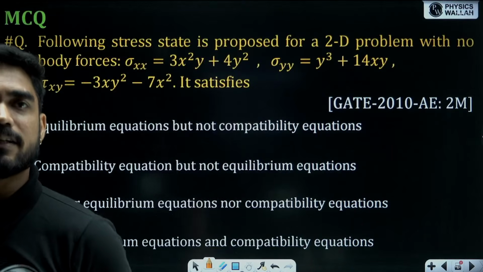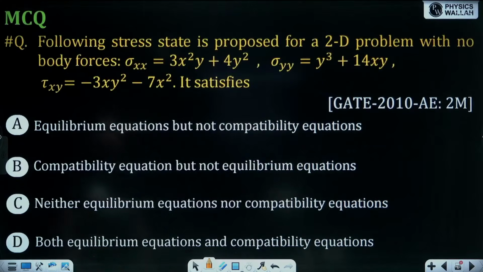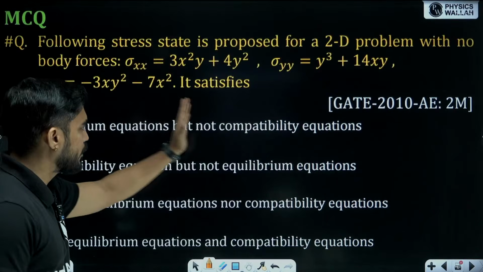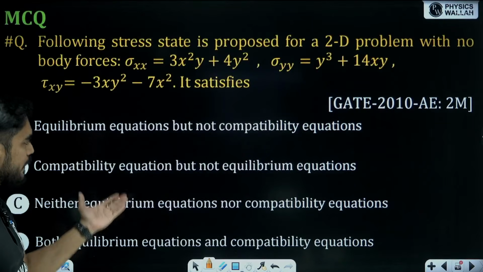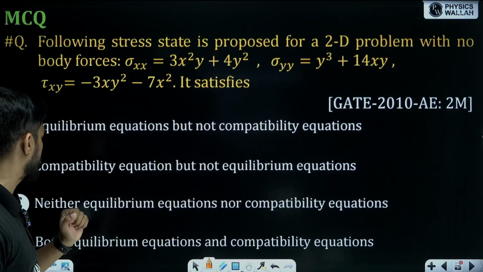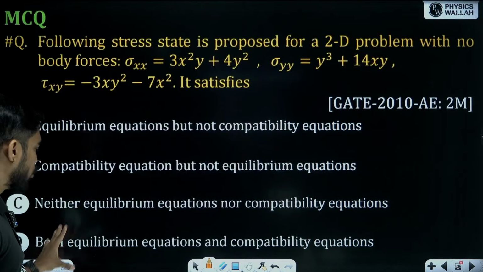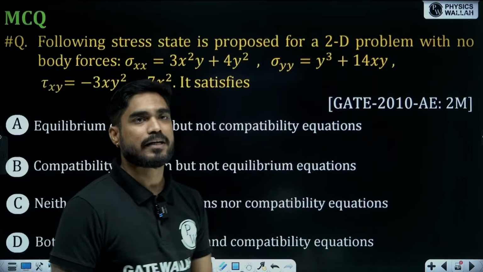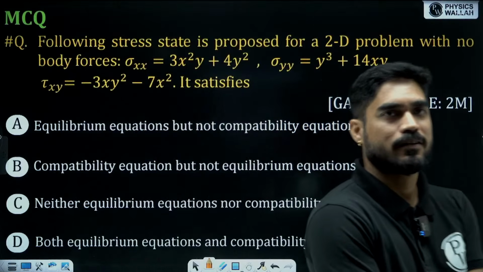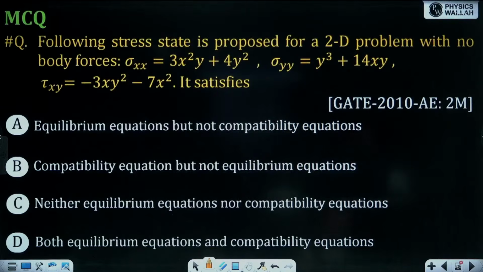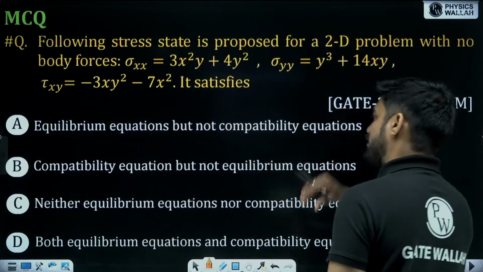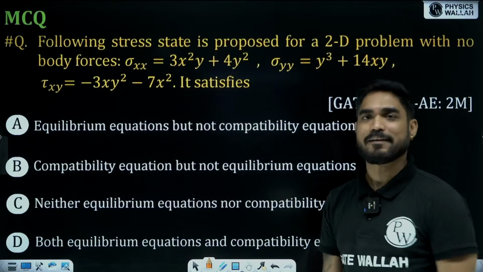Now they are asking whether it satisfies the equilibrium equation but not the compatibility equation, the compatibility equation but not the equilibrium equation, neither the equilibrium equation nor the compatibility equation, or both the equilibrium equations and the compatibility equation. So it is not directly based on Airy stress function, but on the equilibrium and compatibility equations, which we have also seen.